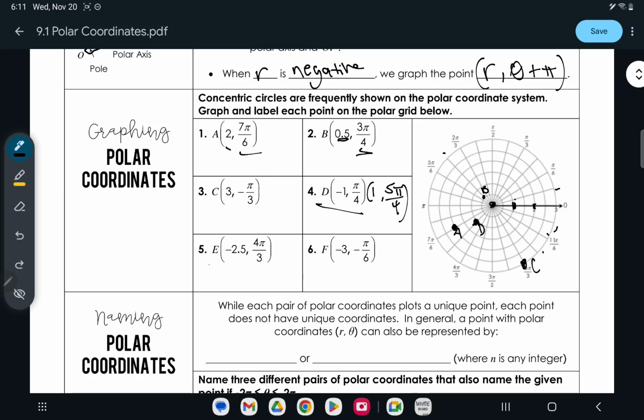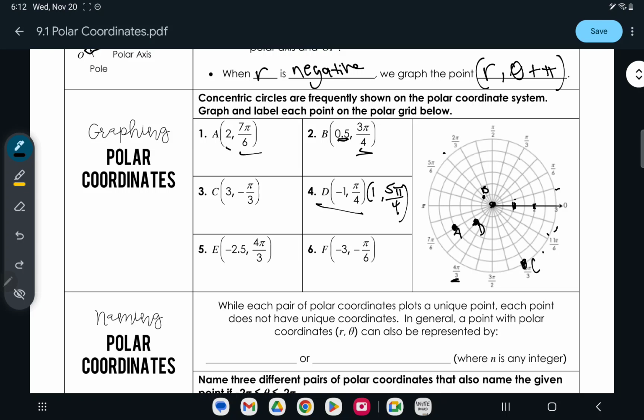So that's one way of thinking about it. All right. So E. So let's try the forward and backwards with this one. So 4 pi over 3 is right here. So normally to go forward, I would be graphing the 2.5 in this third quadrant. But the negative tells me a direction. So I'm really going to go in this first quadrant. So instead of being here, I'll be here, and the radius is 2.5.